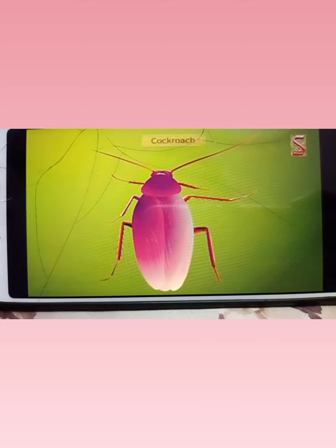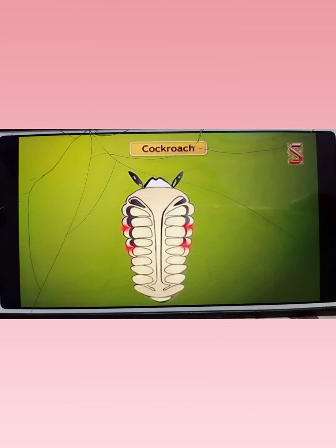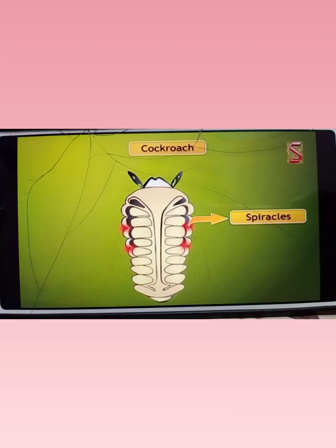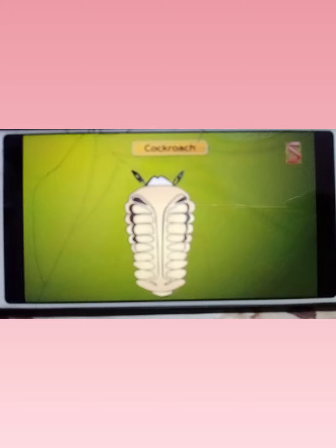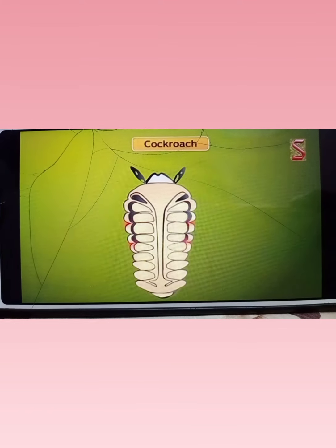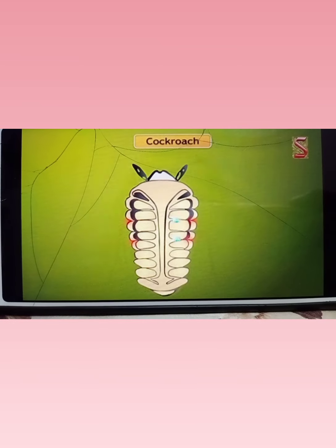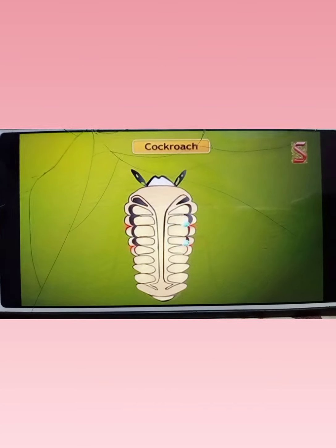Take for example a cockroach. It has small openings on the sides of its body. These openings are called spiracles. These insects have a network of air tubes called tracheae for gas exchange. Oxygen-rich air rushes through spiracles into the tracheal tubes and then diffuses into the body tissues.